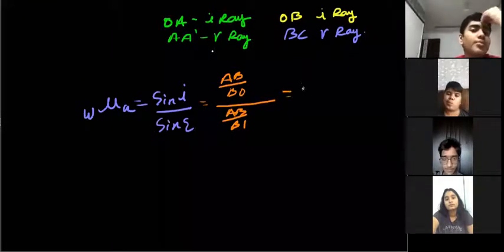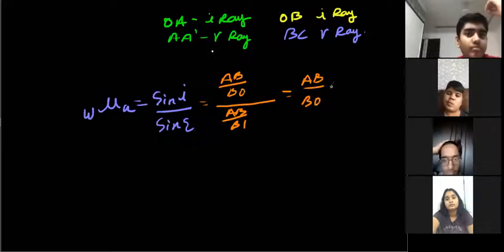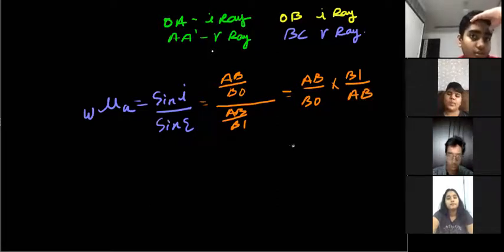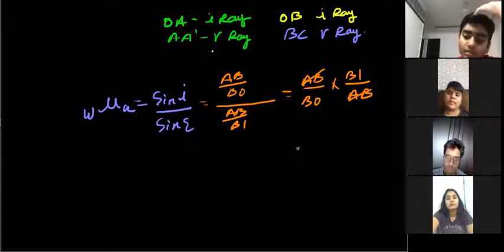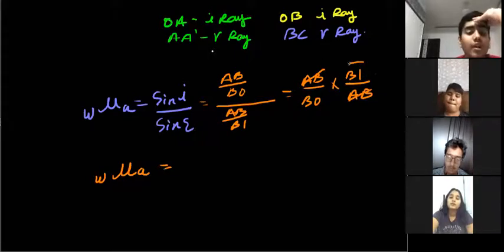Which is equal to AB upon BO multiplied by BI upon AB. Okay, so ये AB और ये AB cancel हो जाएगा. So now we get refractive index of air with respect to water equals to BI.